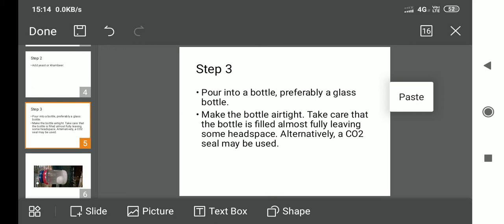A carbon dioxide seal may be used for this purpose. A carbon dioxide seal prevents any air from the exterior from going inside the bottle, and it allows the carbon dioxide which is produced during fermentation in the jar or bottle to escape to the outside. That's why it's known as a carbon dioxide seal.